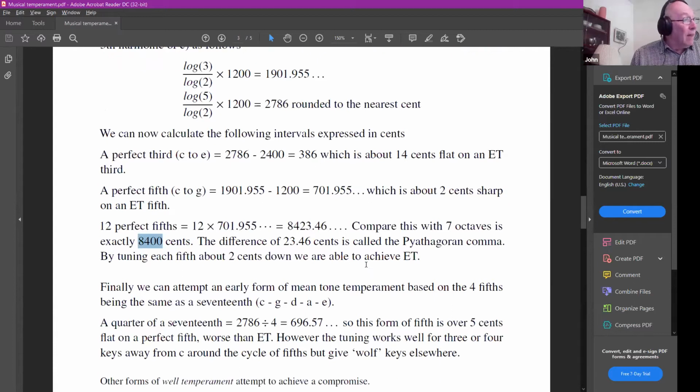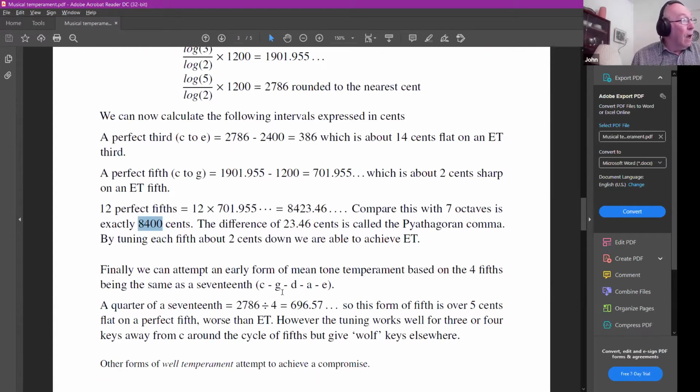Right, finally, on this little bit, we can come to how did they do mean tone originally? Well, 4/5 takes you C to G to D to A to E. So we know what E is, we worked it out up here, right? If we divide that number by 4, we get this, which is somewhat down on the 700.